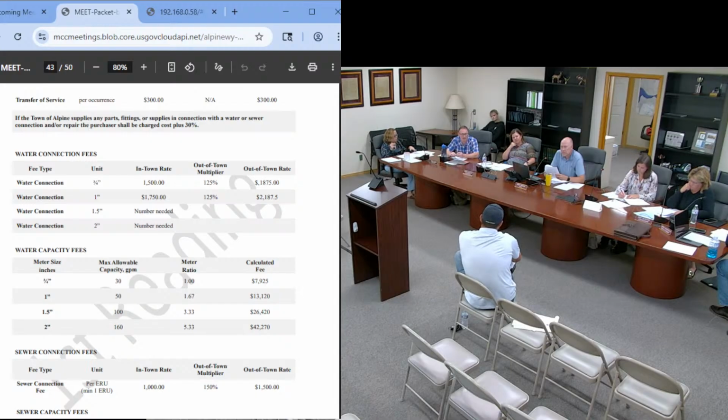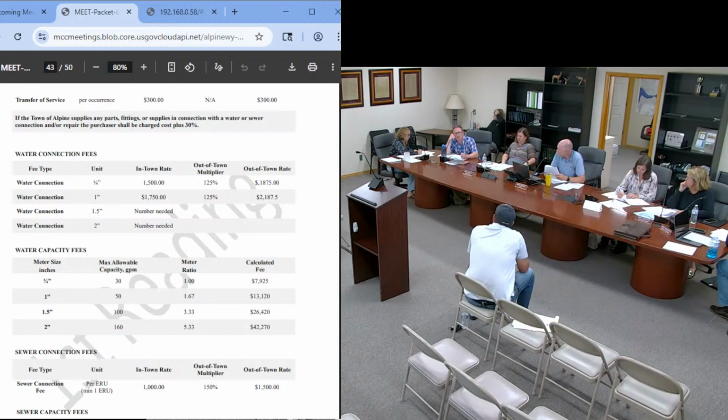There's a house being built right now and they want 1.5. I don't know why, but they do. What would generally be 1.5, 1? Like if somebody comes in with, say, a live-work build, so they've got 3 units up top, 3 retail, do you do 2-inch?